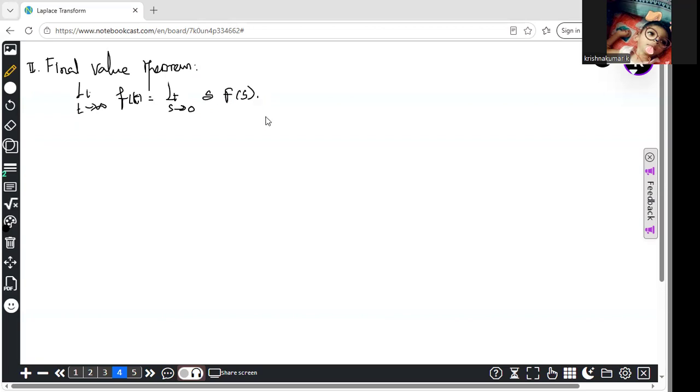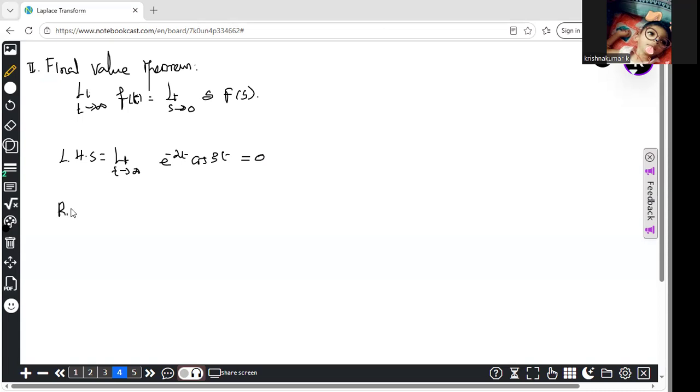So this is the statement. Now take the left hand side: the limit as t tends to infinity of e power minus 2t cos 3t. Here if you put t tends to infinity, this becomes 0. So therefore this value becomes 0.